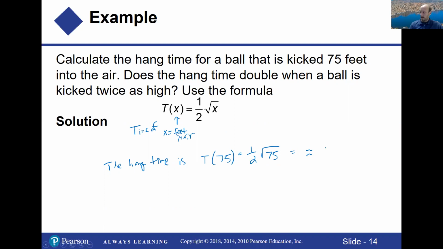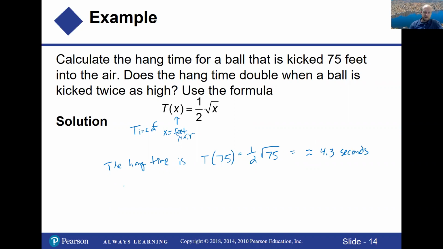So this is going to be 1/2 times the square root of 75, which gives me 4.33 and so on. Let's just round that to the nearest tenth. So this is going to be about 4.3 seconds.